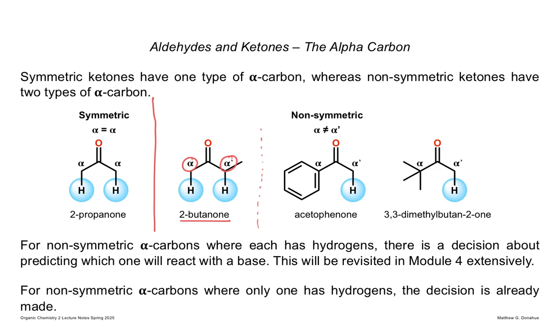On the right side of that dotted line, if you look at between alpha and alpha prime, so alpha and alpha, those no longer have hydrogens. Only the alpha prime side does.